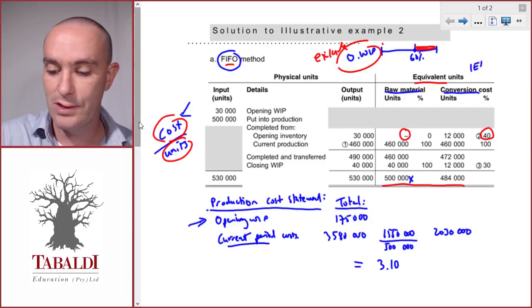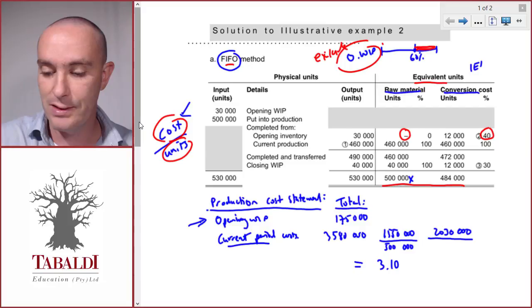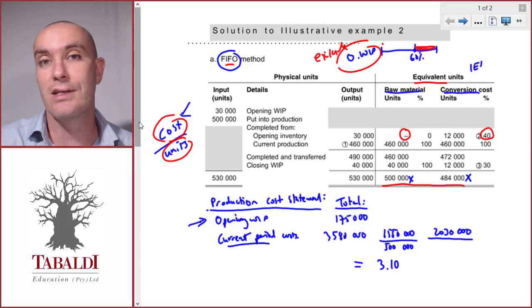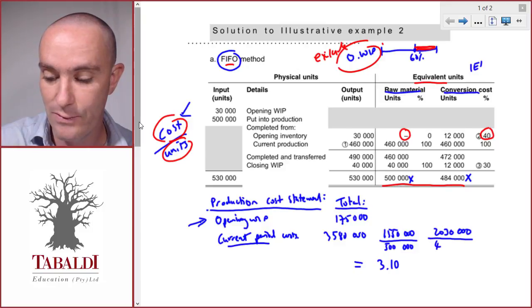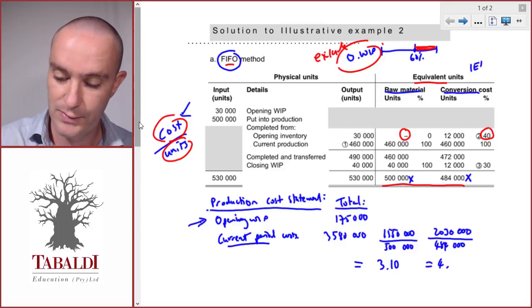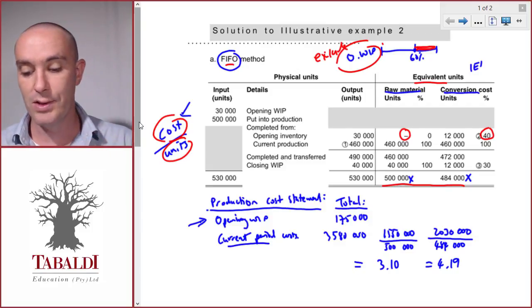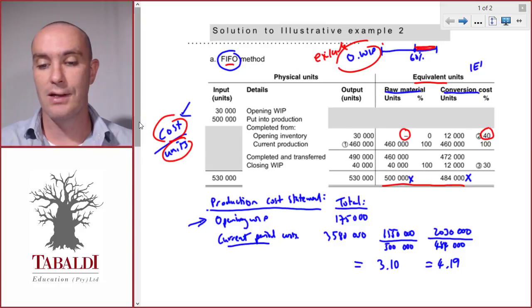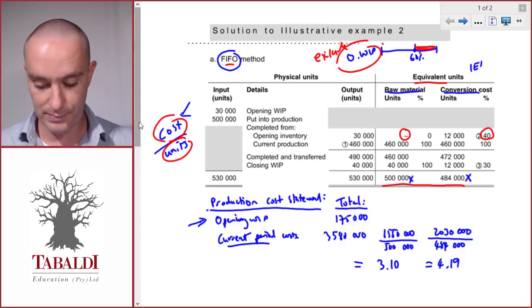And then for conversion costs, it's the current period cost divided by the current equivalent units, or the equivalent units taking into account current work that was done, 484,000. So that gives us 4.19 per unit. So this is the cost per unit for first in, first out method.